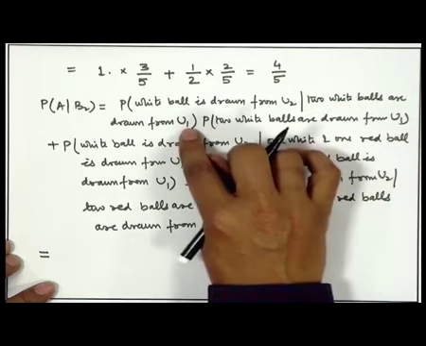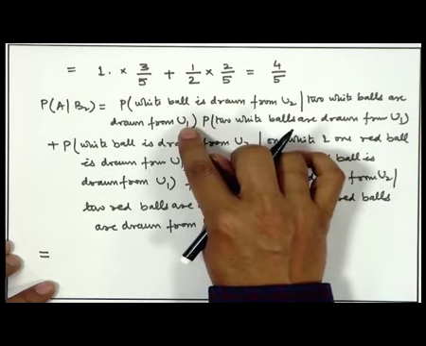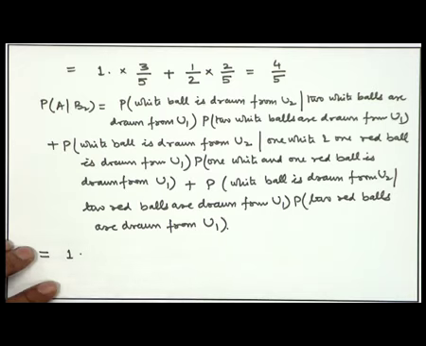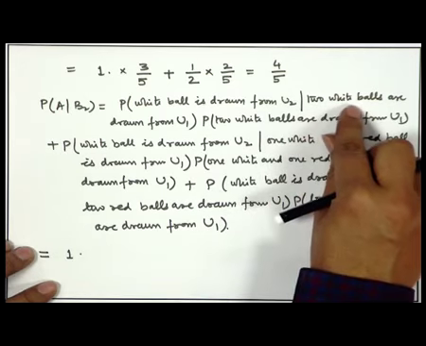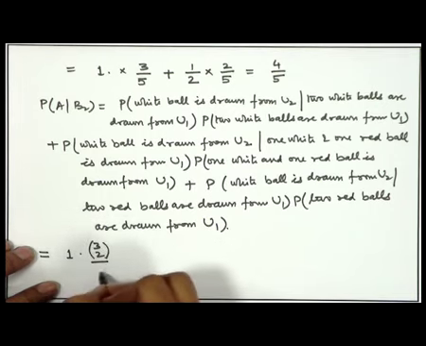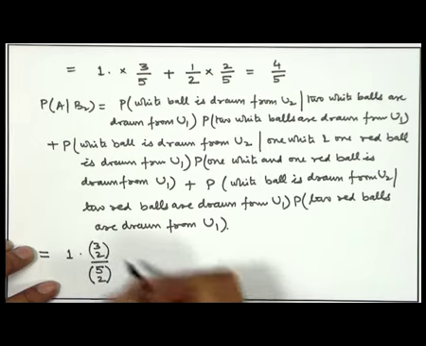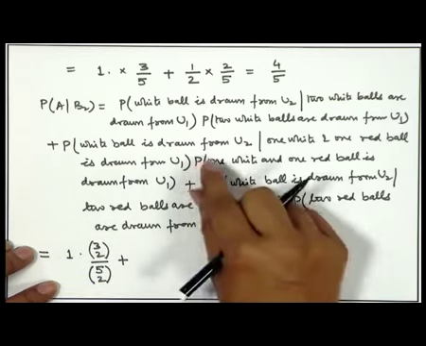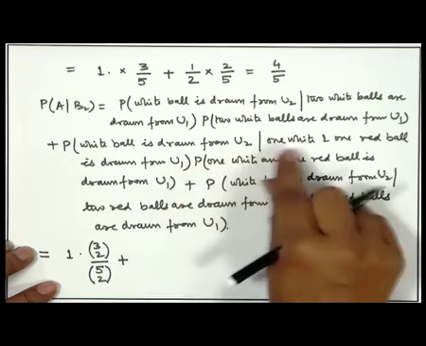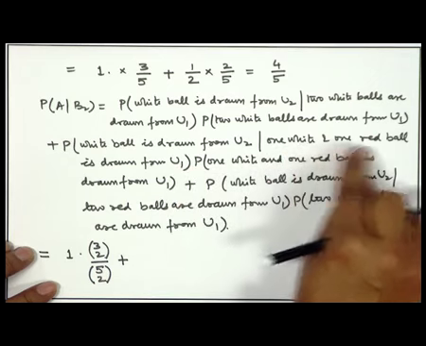If two white balls are drawn from U1, then U2 will have all white balls. So, the probability of drawing a white ball will be simply 1. However, what is the probability of drawing two white balls from U1? Because there are 3 white balls, it is 3C2 divided by 5C2, plus. In the case where one white and one red are drawn from U1 and put into U2, then U2 will have 2 white and 1 red.